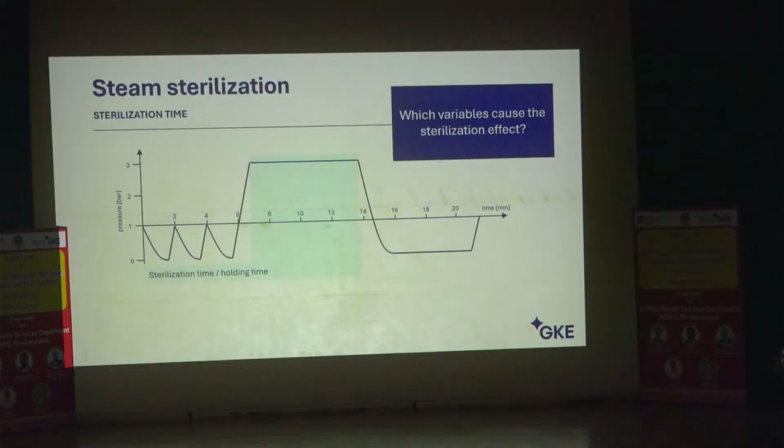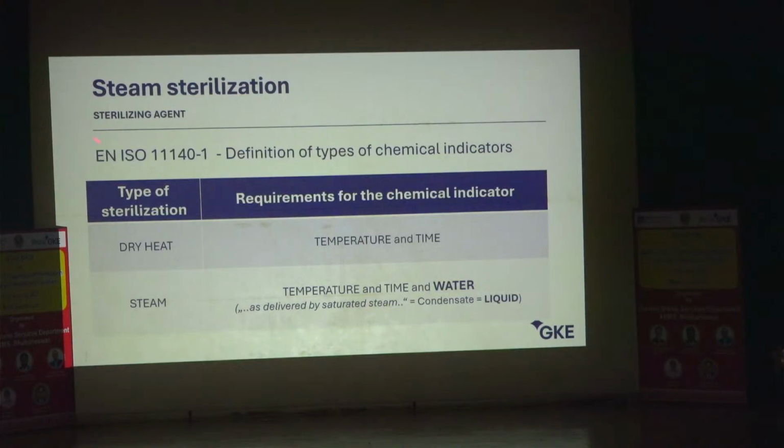I'll show you, because you can read it very easily in the standard. There is a table in the standard for chemical indicators, and this table says, if you want to make an indicator for different types of sterilization, here we have 2 examples, then these are the requirements that have to be fulfilled before the indicator is allowed to change its color. When you say, okay, I want to produce an indicator for dry heat, the standard will tell you, you can do that.